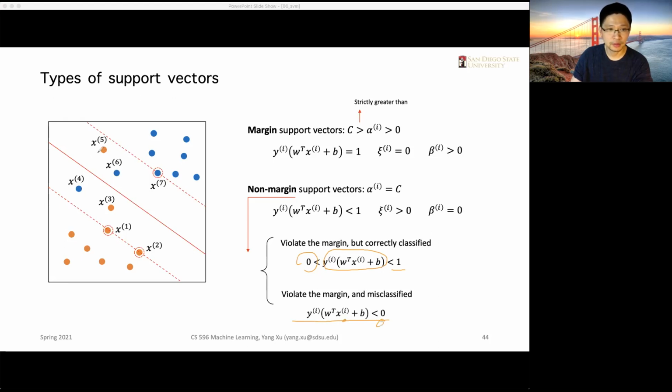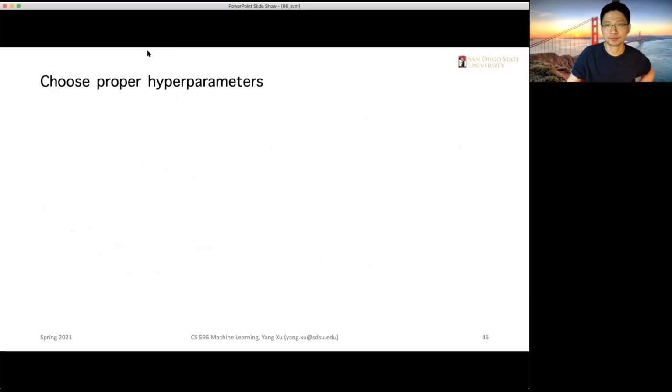So they are on the wrong side. These two. That's basically how we can classify the support vectors. But these are all support vectors. The non-margin support vectors and the margin support vectors are all used to define the shape of the decision boundary.